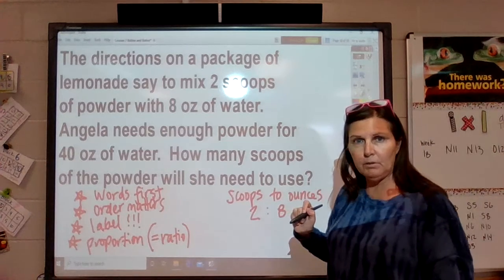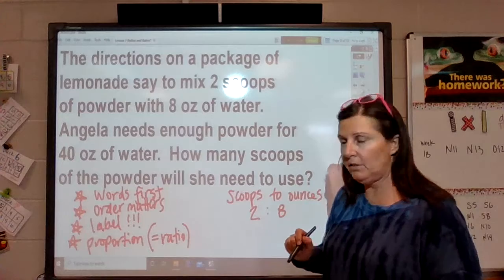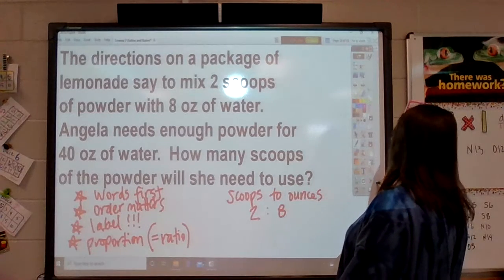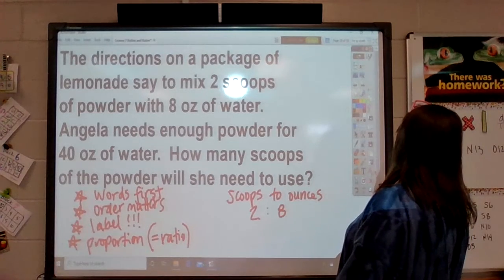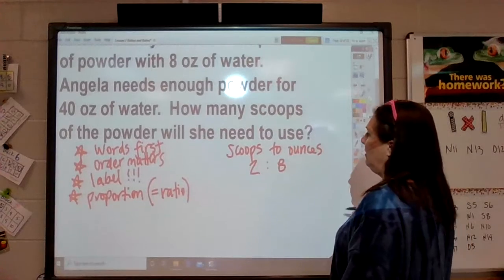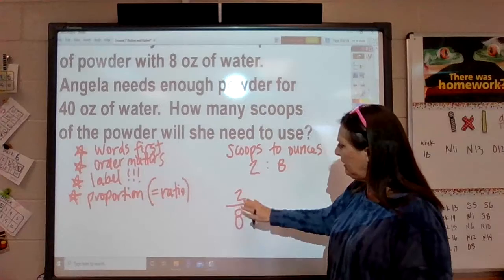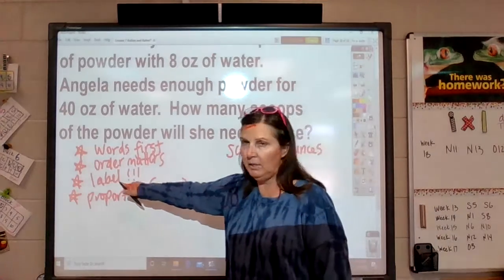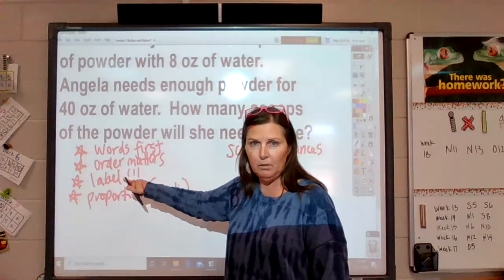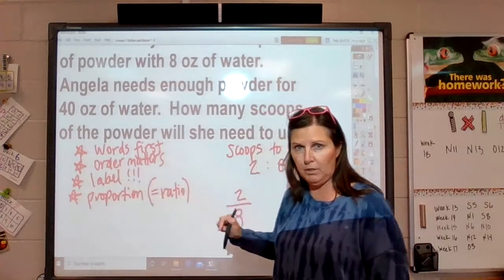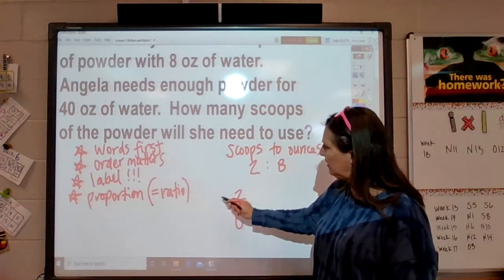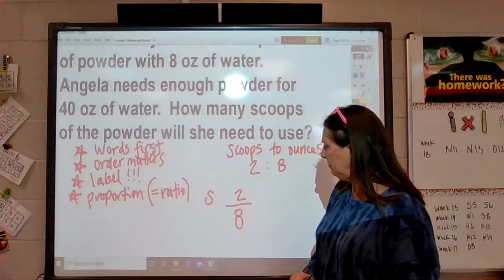Now our next step is we're going to turn that into a division problem. Once we do this, we have to make sure that we label so we remember which number goes with what word. So the 2 goes with scoops, so I'll put an S there.